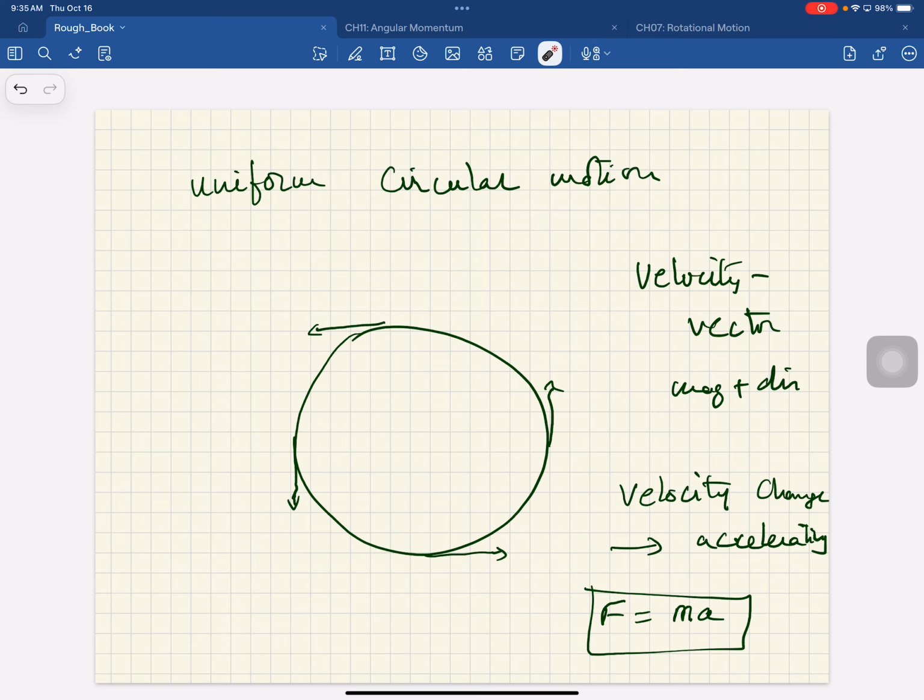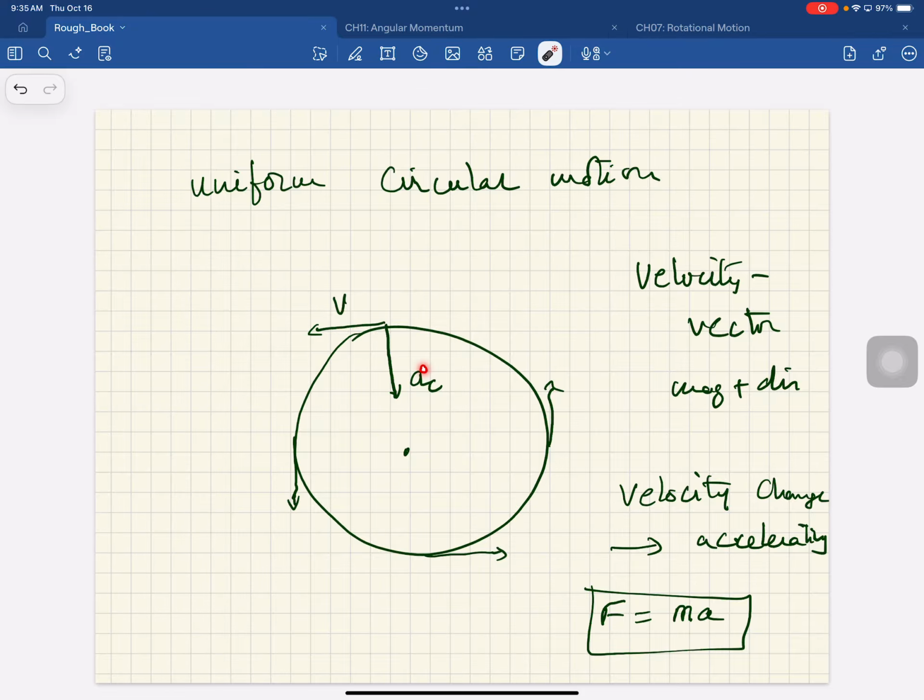All right, so in this case, this is the velocity. It turns out that you're accelerating, and your acceleration at every instant is pointing towards the center of the circle. And it is called a centripetal acceleration.